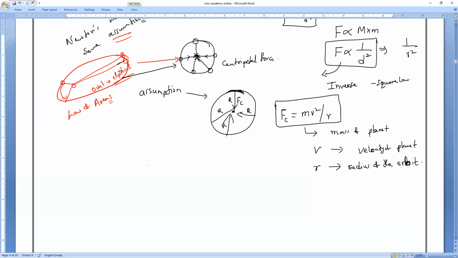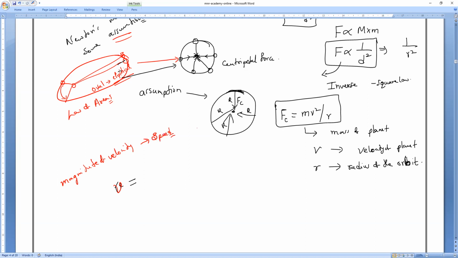Can you tell me what is the velocity of an object in circular motion? Velocity or speed, we have already studied. The magnitude of the orbital velocity of the planet, what we used to call speed.